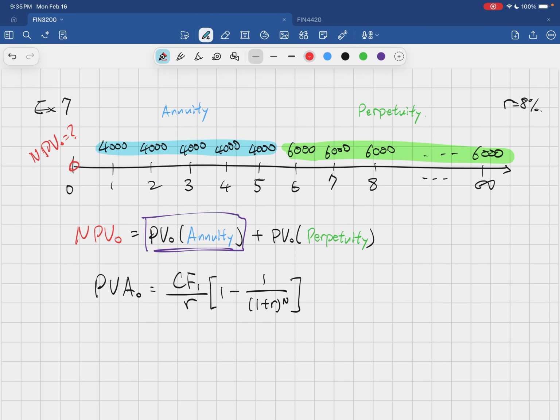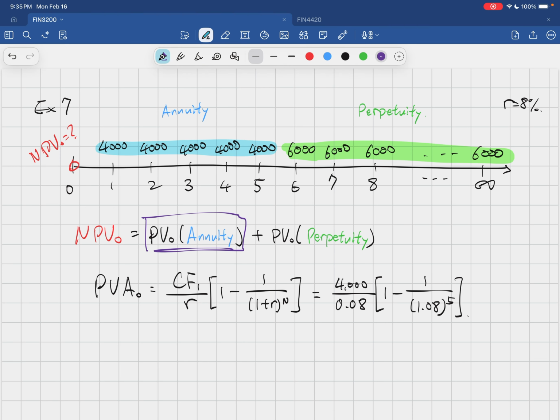So we plug the numbers in. Cash flow is 4,000. R is 8%. We have 1 minus 1 over 1.08, which is 1 plus R, to the fifth power. N is 5 because we have a 5-year annuity whose contract was signed in time 0.